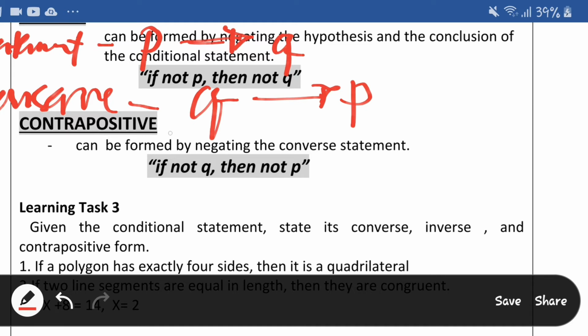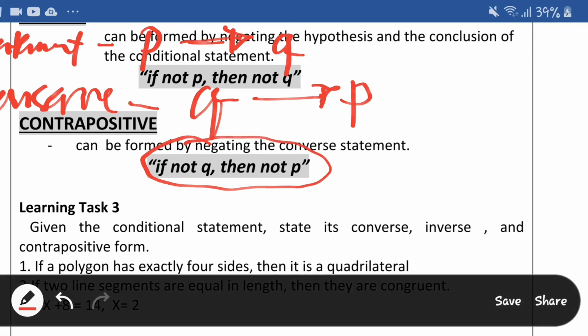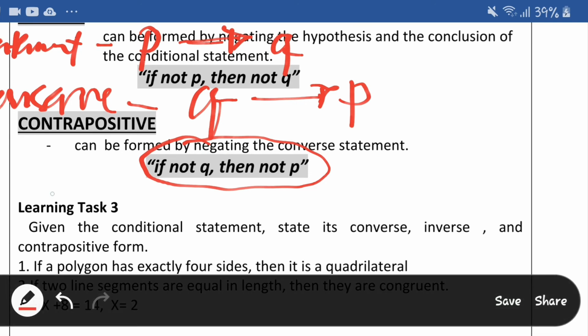After that, we will form the contrapositive of that converse statement. If not P, then not Q. We just negate the Q part or the conclusion part earlier and the hypothesis or the P part of our original statement.